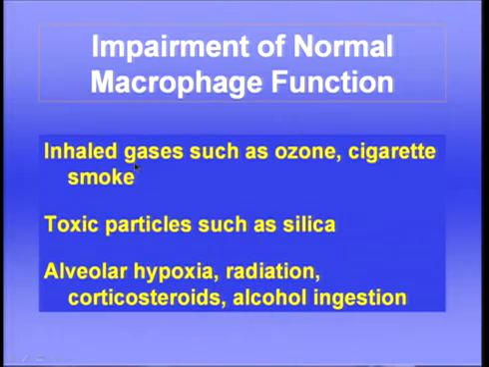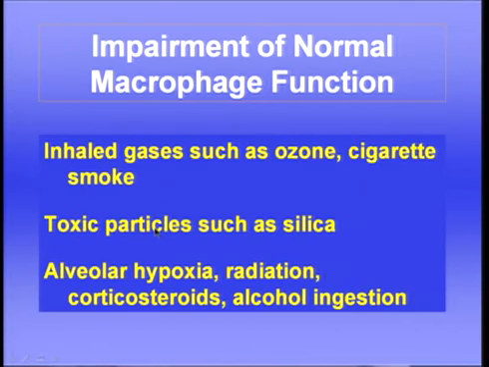Look in a smoker's bronchoalveolar lavage fluid, the macrophages look terrible. They're all brown and black, and obviously they've been picking up bits of cigarette smoke and so on. So they're in terrible shape. So inhaled gases apparently can affect macrophage function.